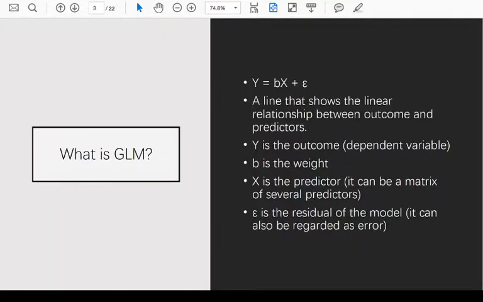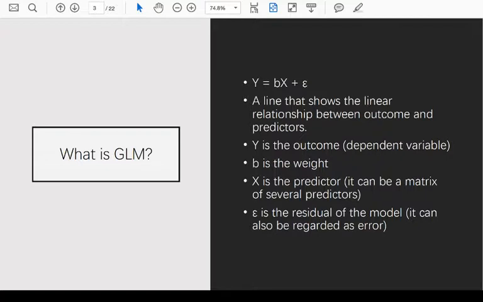So what is GLM? GLM is the general linear model, which is nothing more than this formula: y equals bx plus epsilon. This model is a linear model that shows the linear relationship between outcome and predictors. y is the outcome, what we usually call the dependent variable in experiments, and b is the weight of those predictors. x is the predictors, and it can be a matrix of several predictors.